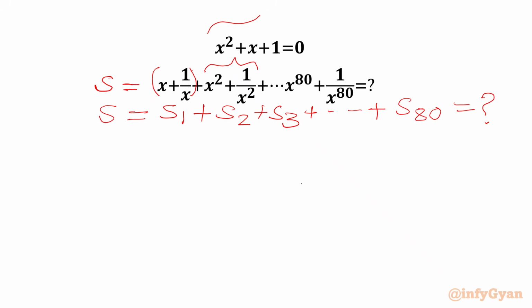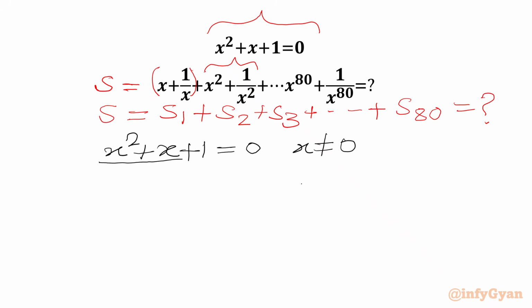And we have the equation x square plus x plus 1 equal to 0. Now x cannot be equal to 0. Once we plug in x equal to 0, LHS will be 1, RHS is 0, which is not true.